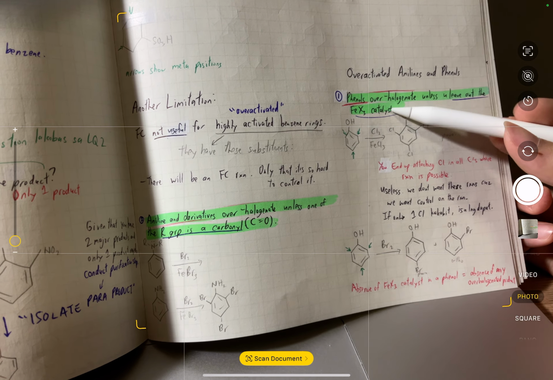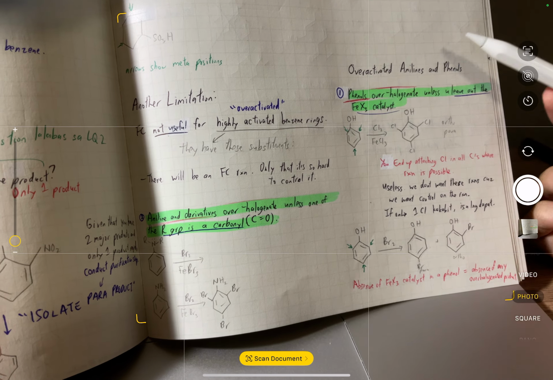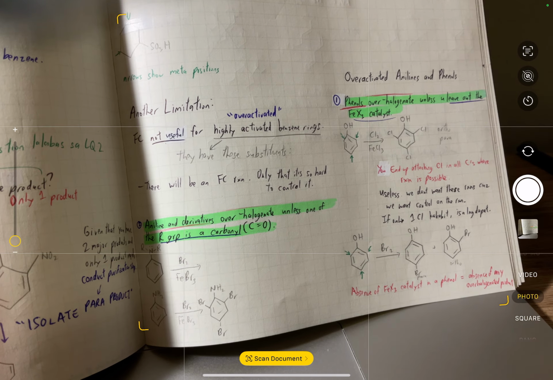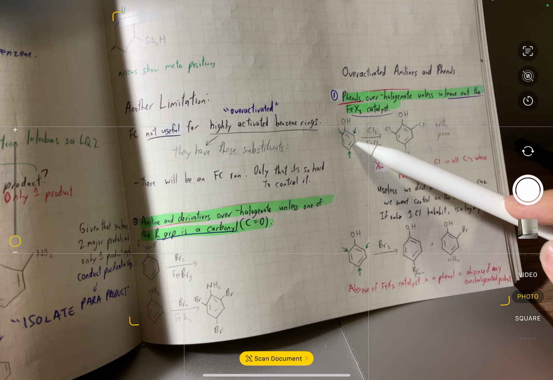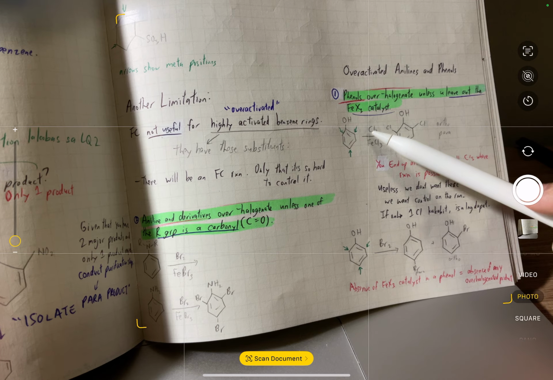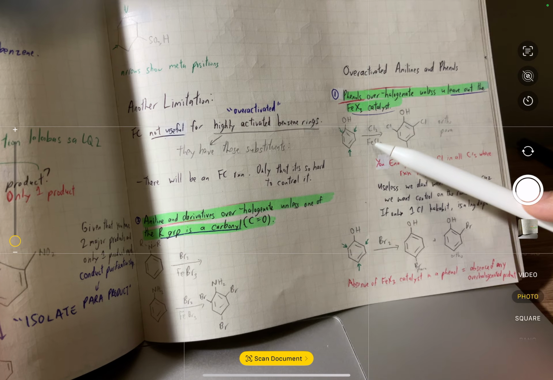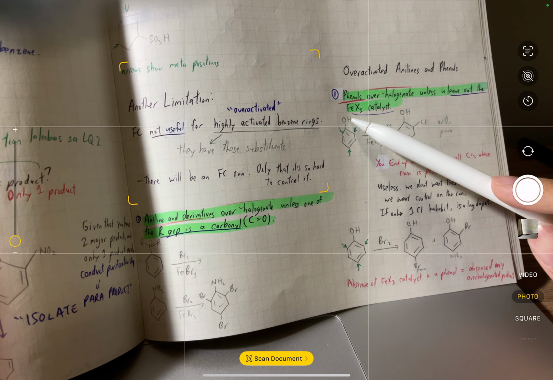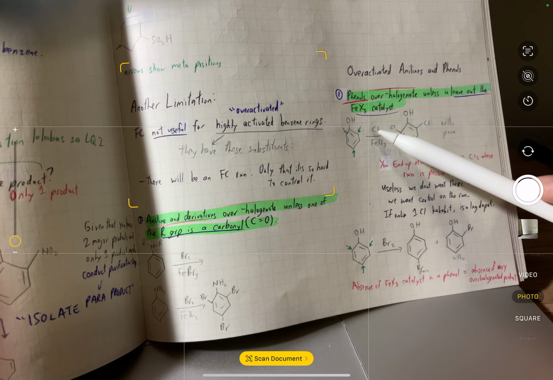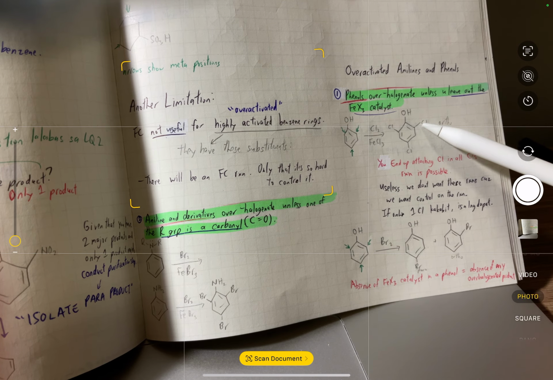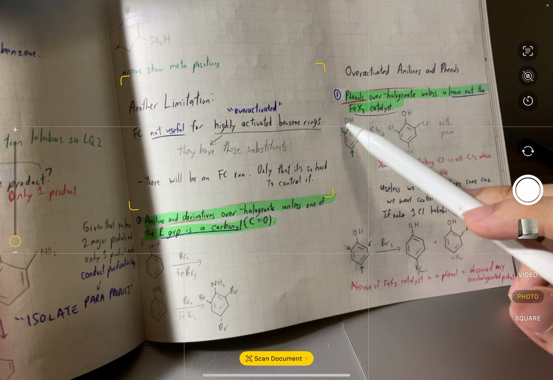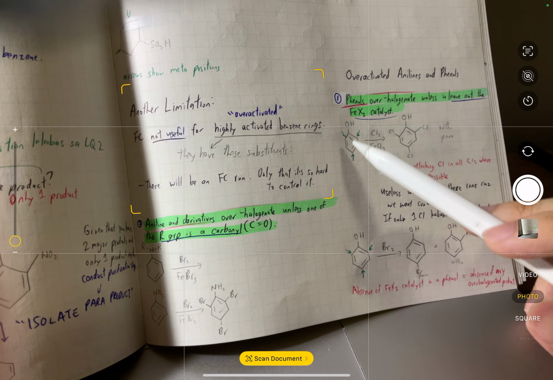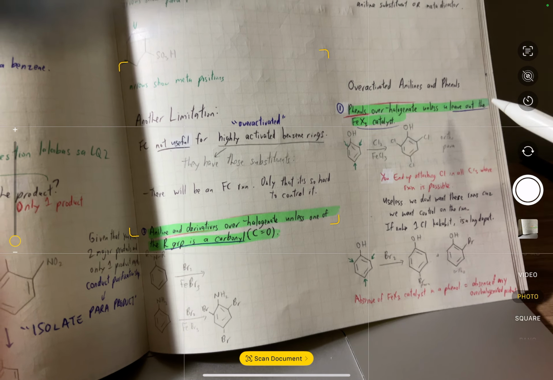You leave out the FeX3 catalyst. So, for example, here, the OH: if you use FeCl3 as a catalyst and your substituent is a phenol, with Cl2, this is what happens. These are the ones written in green. Those arrows point out the possible positions for your products.